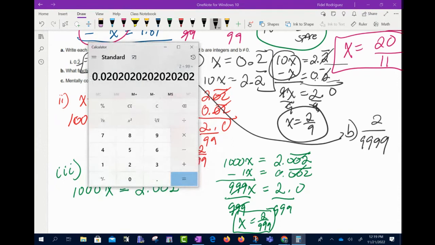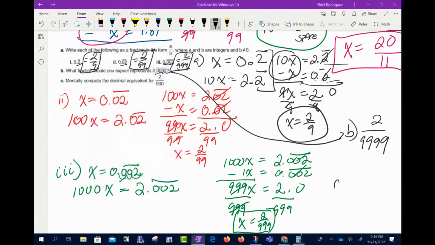I'm going to do this on my calculator, and I'm going to say, what's 2 divided by 900? And that's giving me 0.00, and then the 2 repeats after that, right? So part C would be 0.00, and then the only number here that's repeating is the number 2, okay? And that's for part C, okay?